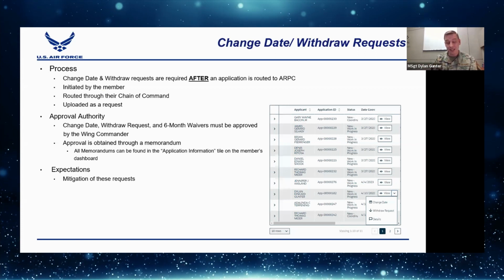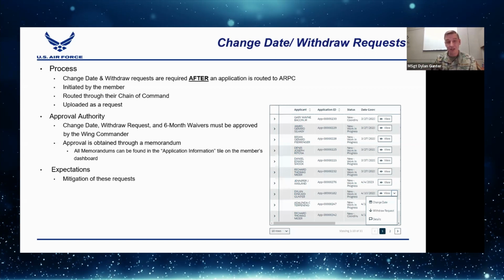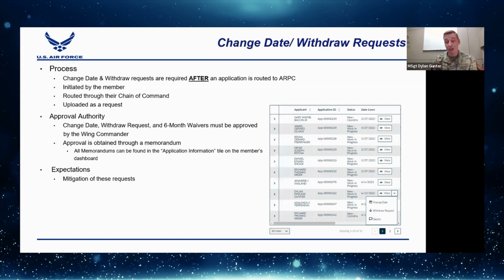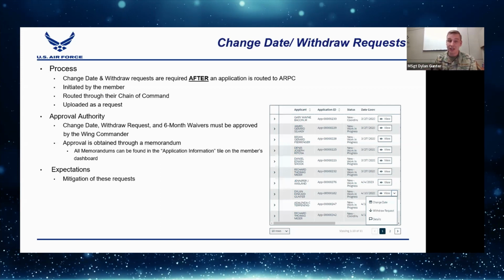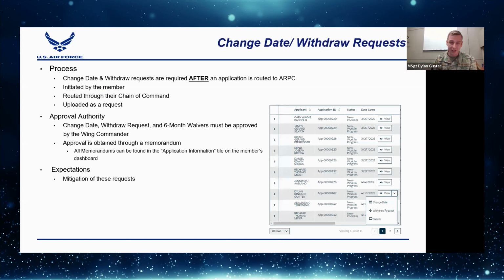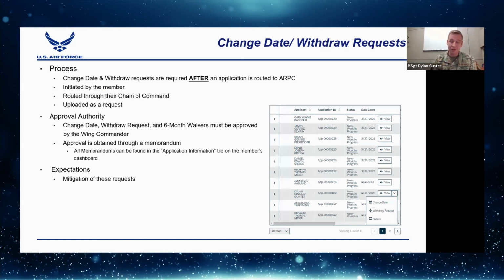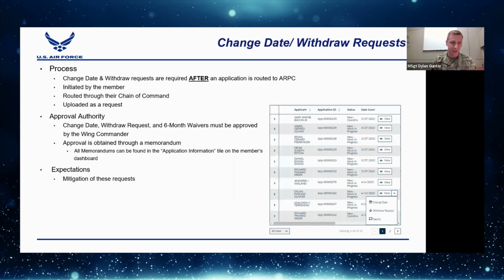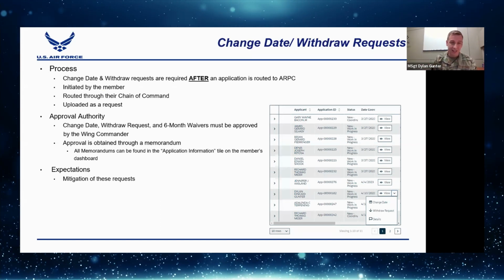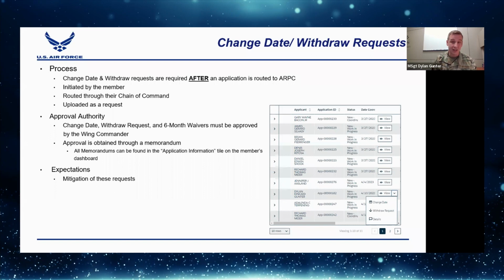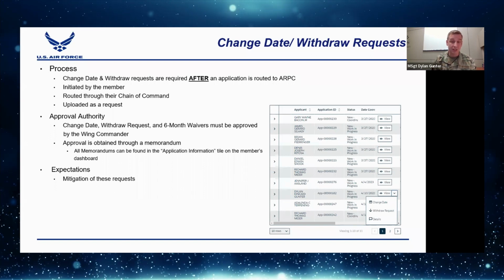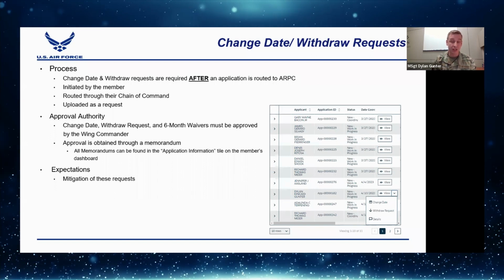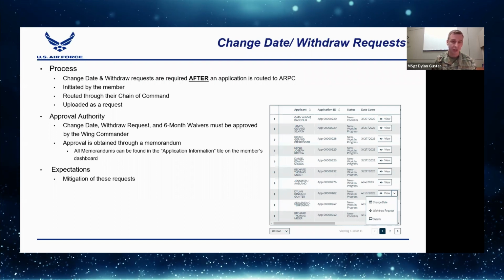And then you should see in the attached documentation the memorandum that you have already coordinated on. So it should be no surprise that a 6-month waiver is attached, because it had to go through you before they could submit their retirement application. So we expect that this will mitigate the need and the frequency in which we have to process change date requests and withdraw retirement application requests.